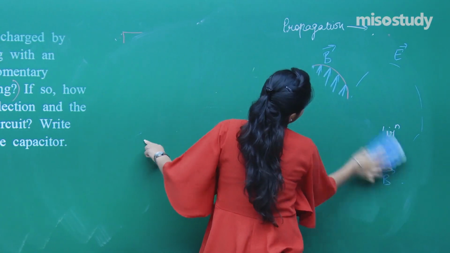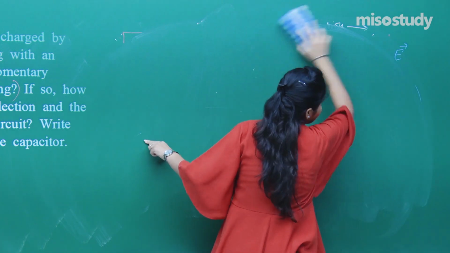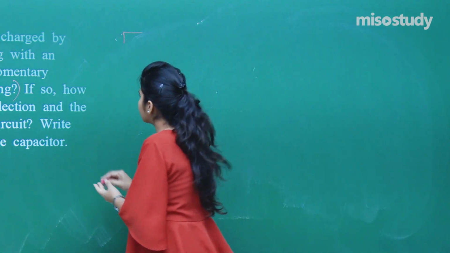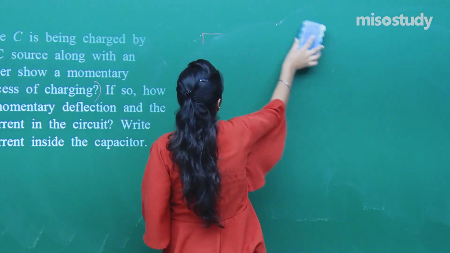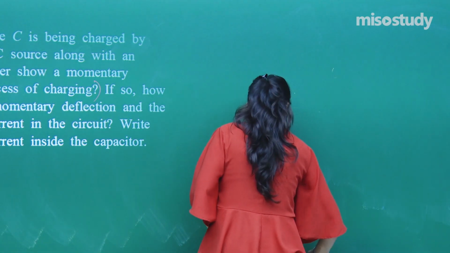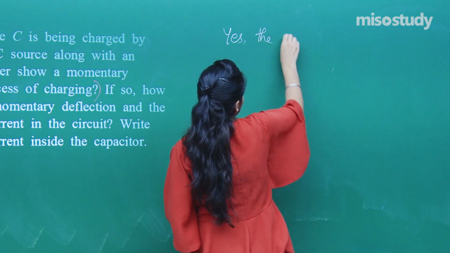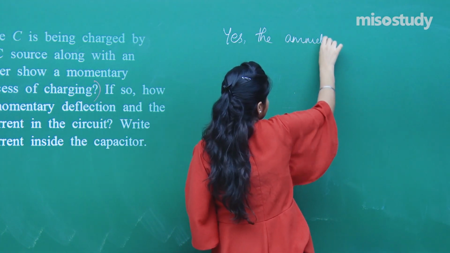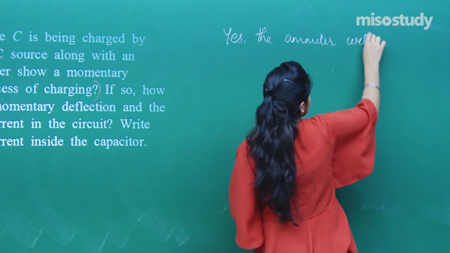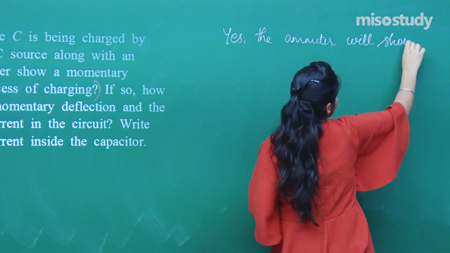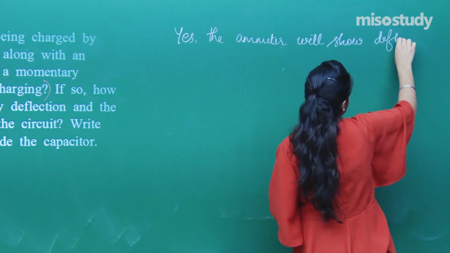Or you can say the ammeter will show a deflection. So the answer is yes, the ammeter will show momentary deflection.